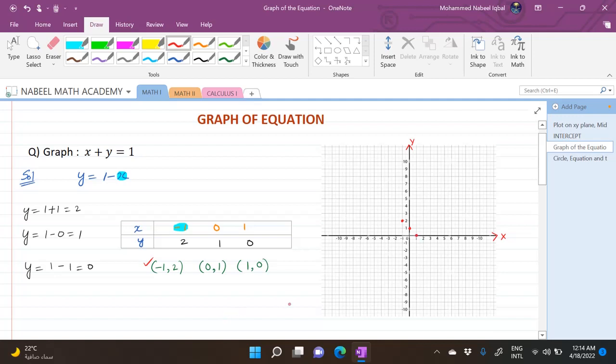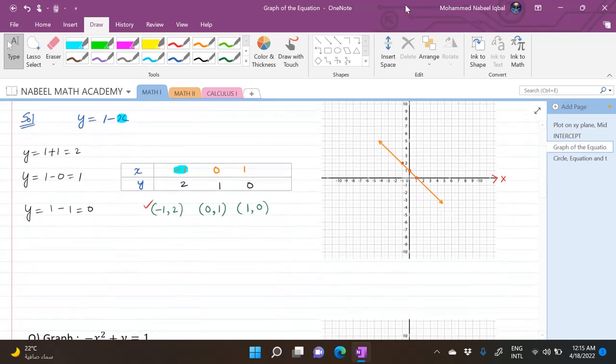Just 3 points are enough to know the behavior of the graph. If you join them, you will find it is a straight line passing through these points. So this is the first one.